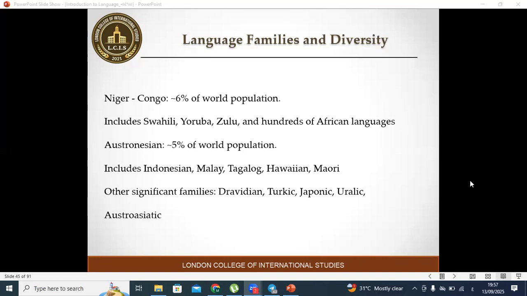Austronesian, 5% of world population, includes Indonesian, Malay, Tagalog, Hawaiian, and Maori. Other significant families include Turkic, Japonic, Uralic, and Austroasiatic.